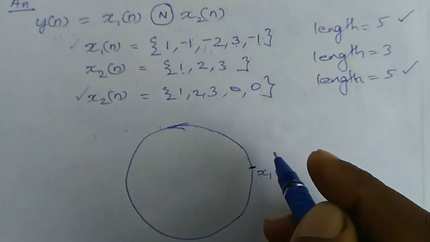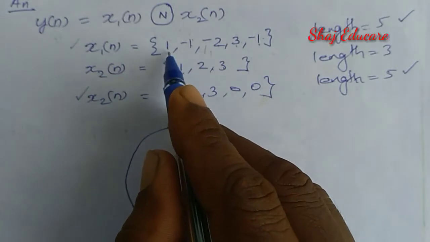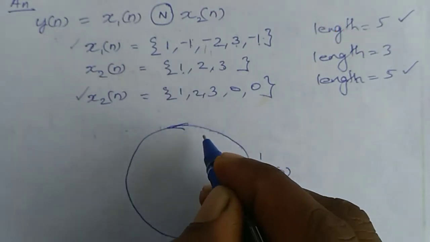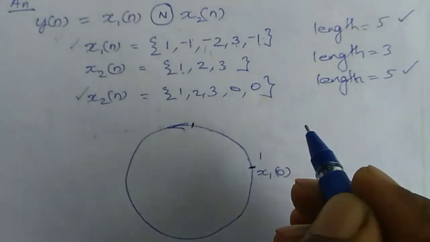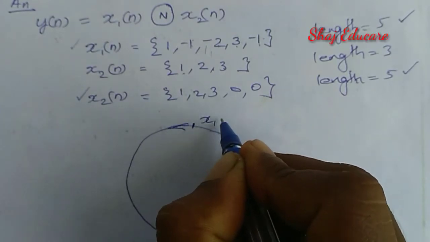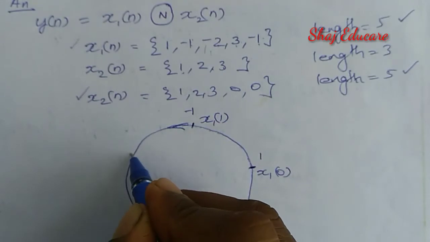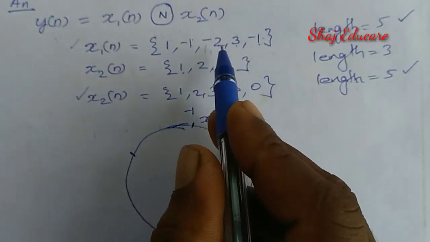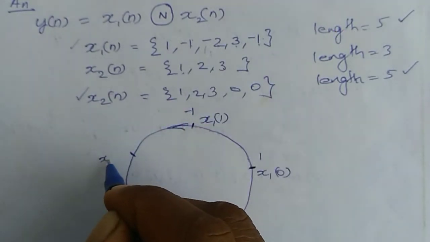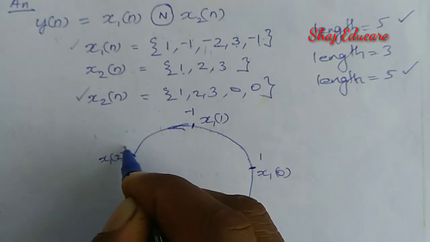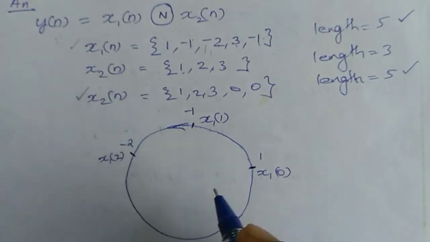x1 of 0 has the value 1, and here I'm going to put x1 of 1, that is minus 1. Here I'm going to put the third element, x1 of 2, which is equal to minus 2.